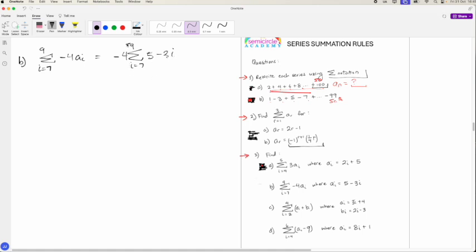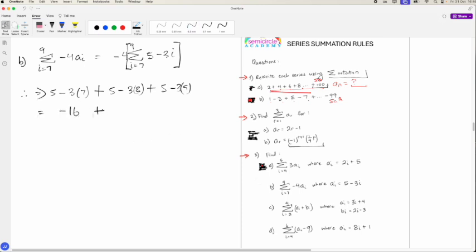So let's find the summation part first, right? That implies we will have 5 minus 3 times 7, plus 5 minus 3 times 8, plus 5 minus 3 times 9. And that'll give us 7 3s are 21.